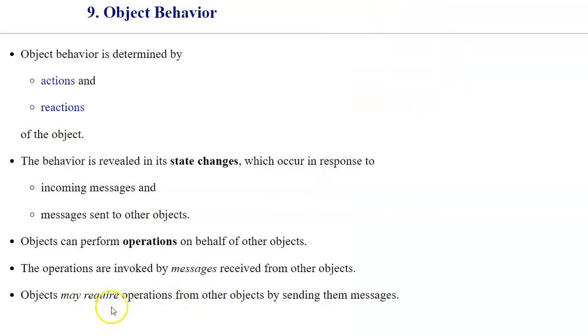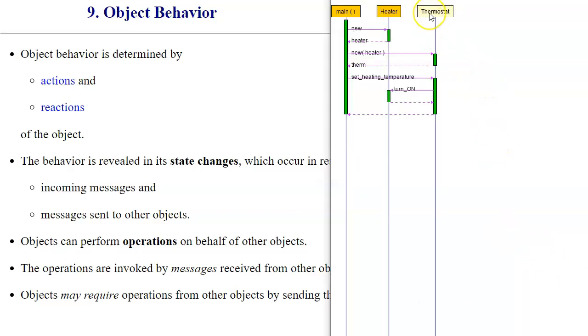So objects may require operation from other objects by sending them messages. So message is a very generic representation of a function call or member function call of an object. So clearly, in order for the thermostat to be able to talk to the heater, what needs to happen is the thermostat has to have access to the heater name, or have a reference to it, or have a pointer to it, number one.